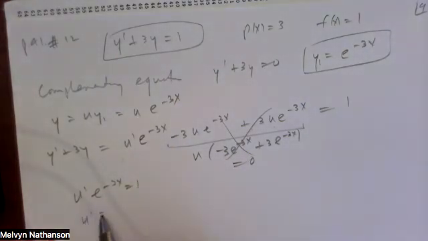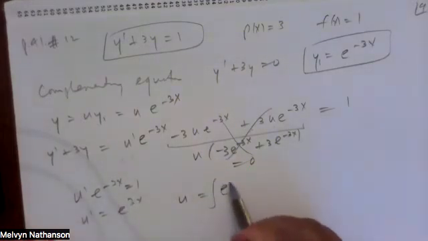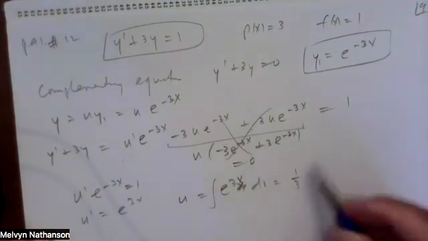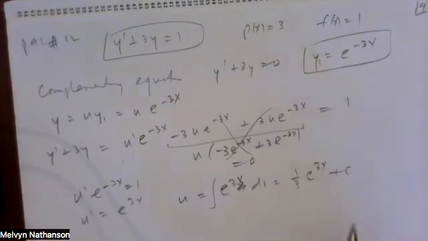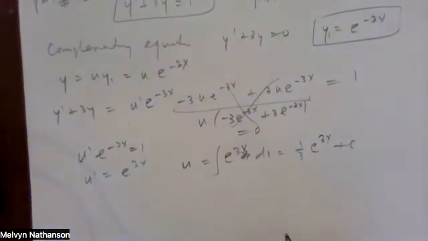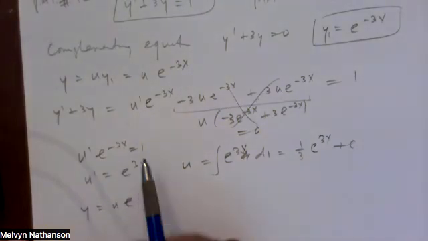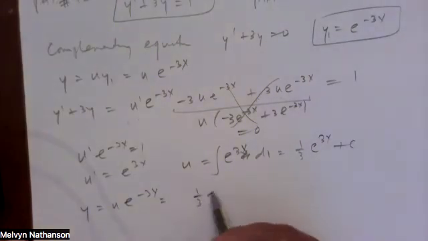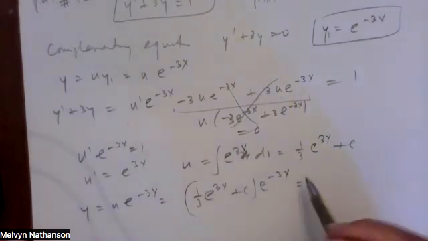So the derivative of u is e to the 3x. So u is the integral of e to the 3x dx, which is a third e to the 3x plus a constant. So the general solution is y equals u e to the minus 3x, which is 1/3 e to the 3x plus c, times e to the minus 3x.